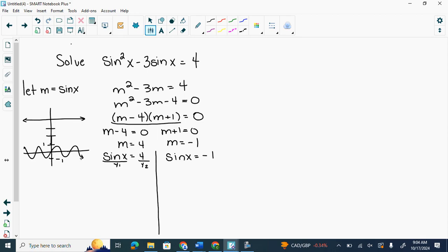And we'll just do it in degree mode today. Talk about radian mode tomorrow. What's the problem? Where do these intersect?